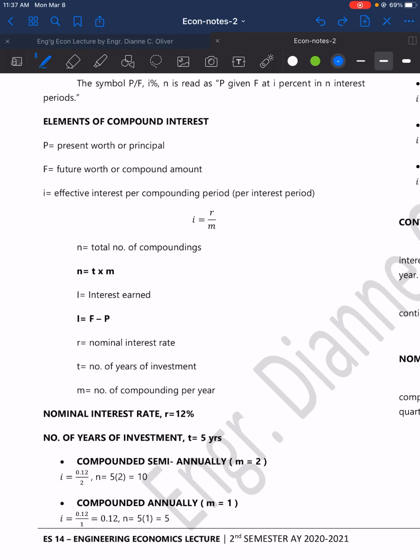For n, we have t, or the time or number of years of investment, times m, which is the number of compounding per year. I is the interest earned, wherein it is the future worth minus the present worth. Then r is the nominal interest, t is the number of years, and m is the number of compounding per year.